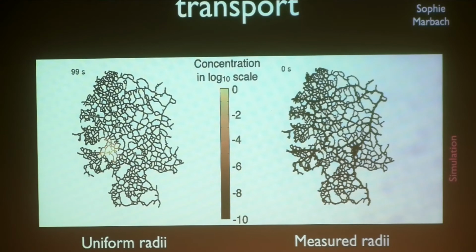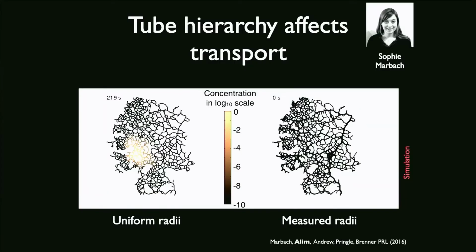So if I follow the dynamics, I see in the uniform radius, I see the following spread. Now if we embrace the hierarchy that the actual network has, we observe that there's a much faster and also much more oriented response transport within the network. So really the pattern of thick and thin tubes matters.